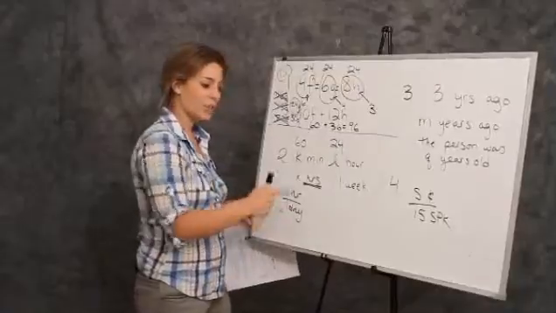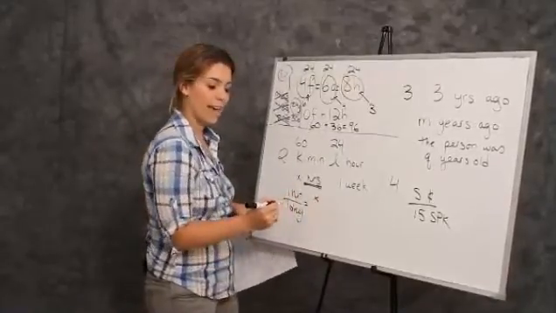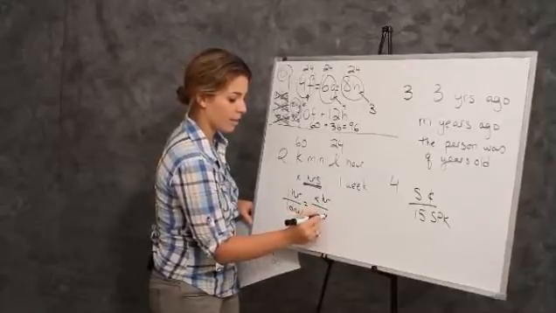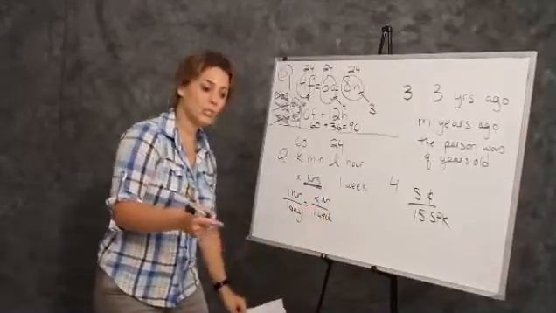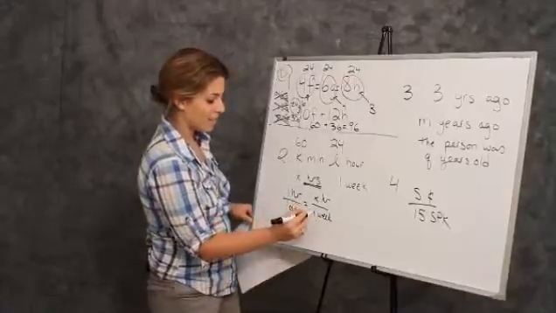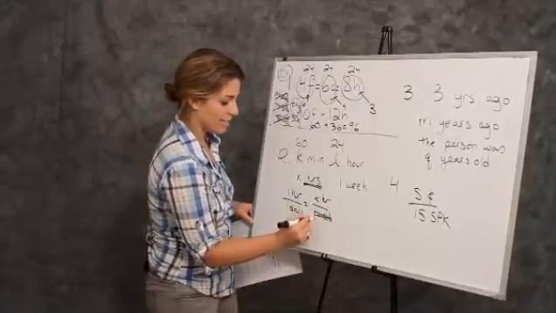And now the question wants to know how many hours can this lose in 1 week. So we can actually switch this over and get this to be 7 days.